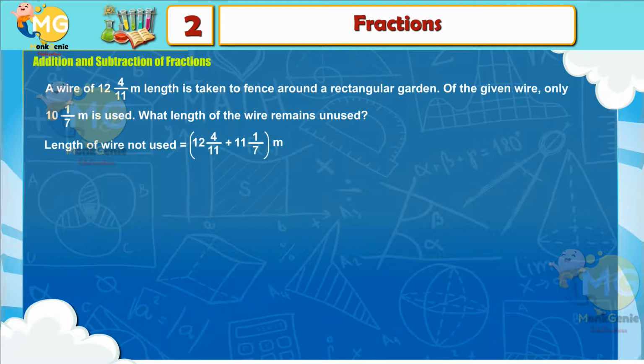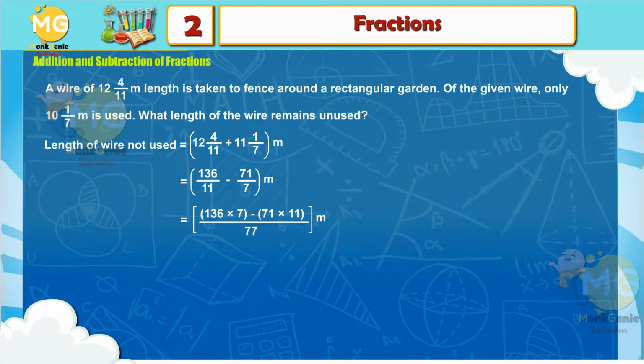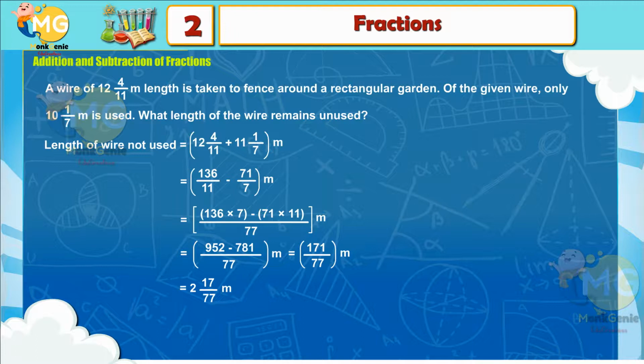Length of wire not used is equal to 12 4/11 minus 10 1/7 meter, which is equal to 136/11 minus 71/7 meter, which is equal to (136 multiplied by 7 minus 71 multiplied by 11)/77 meter, which is equal to (952 minus 781)/77 meter, which is equal to 171/77 meter.